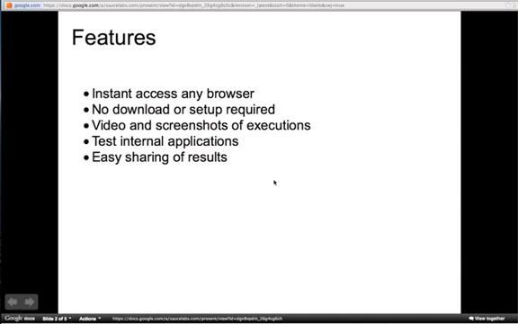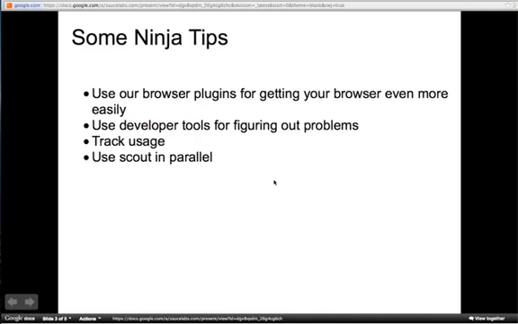I'm going to give you some details on how to test internal applications. That's a pretty handy thing and something a lot of people think you can't do when you use browsers in the cloud. Well, it turns out that you can when you use Sauce Labs. And then we're going to go through easy sharing of results and how you send links to bug reports and videos of what happened to your coworkers.